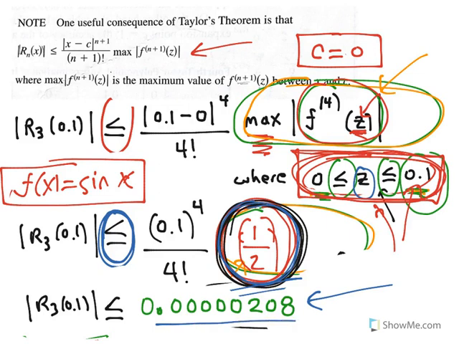In other words, we are absolutely confident that our approximation is accurate to at least 5 digits after the decimal, because our work shows that this is the upper bound for the error.